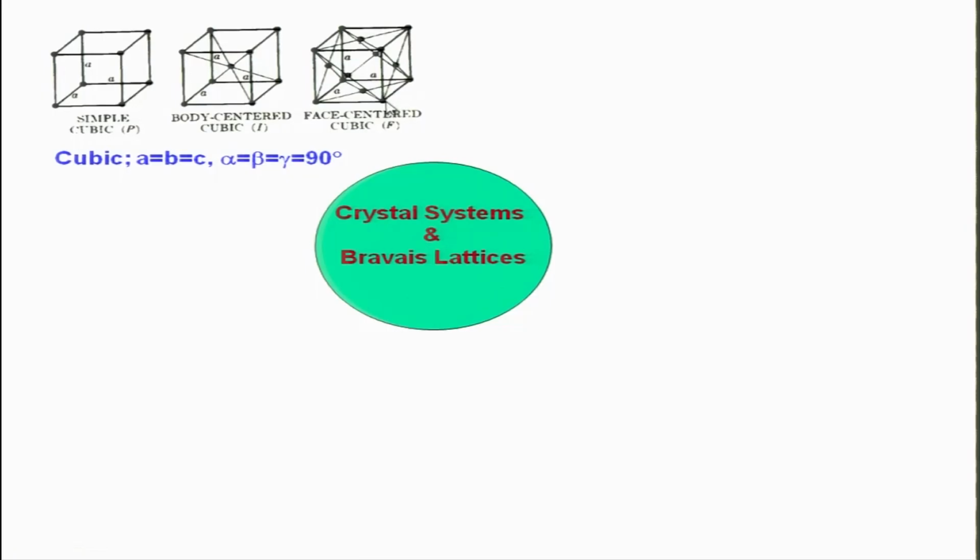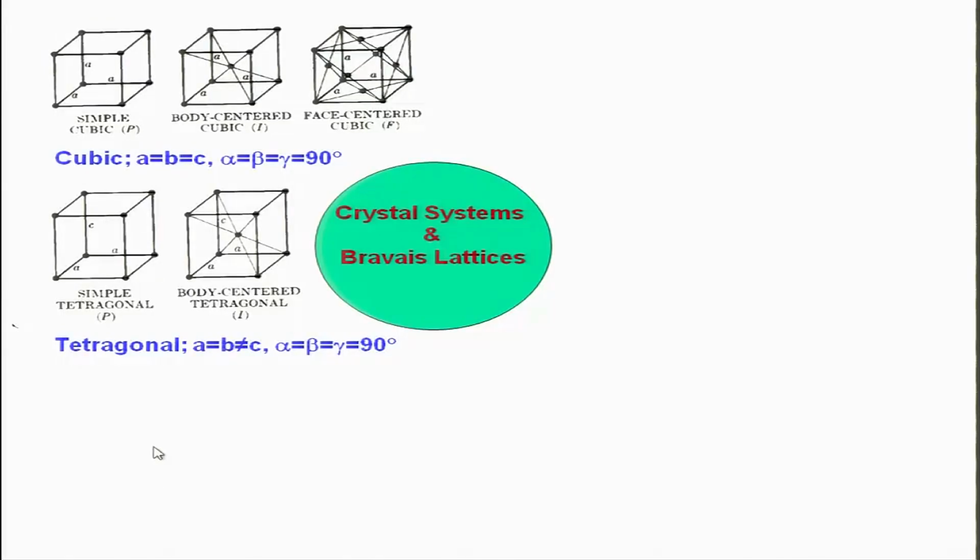So, 8 divided by 8 is equal to 1, and then you have 6 at the faces, but each face is shared by 2 unit cells. As a result, you have total of 3. So, 3 plus 1 make it 4. So, you have 4 identical lattice points. Again, in this case, if any of them becomes different, it does not remain a face centered cubic lattice. That is the takeaway, but they follow the same definition of cubic crystal system.